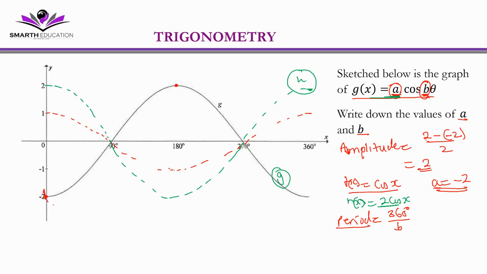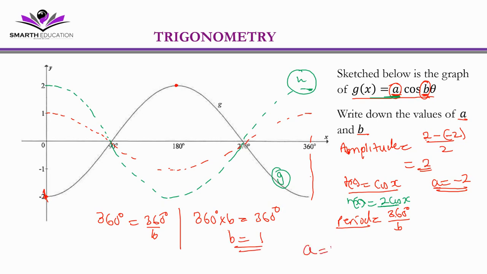The graph will repeat itself after 360 degrees. So 360 degrees is equal to 360 degrees over b. Right, b times 360 degrees is equal to 360 degrees. Divide by 360 degrees both sides, b is equal to 1. So a is equal to -2 and b is equal to 1.